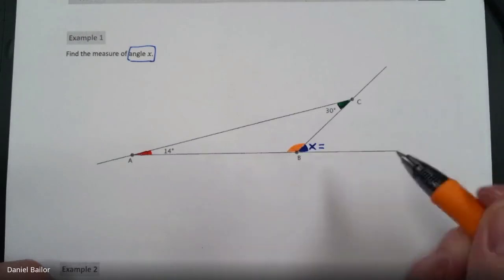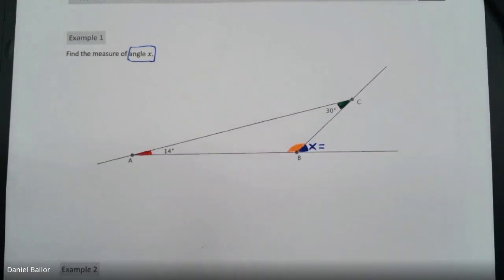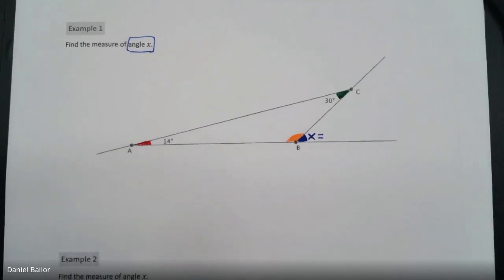Now you need to find x. So let's talk about it a little bit. I'm going to show you the long way and then I'll show you the shortcut. The long way is kind of what we did yesterday. The shortcut is, well, it's shorter. So you're probably going to like the shortcut.